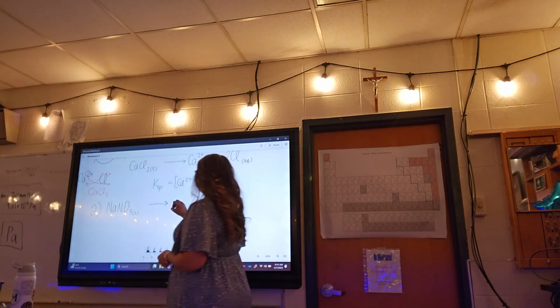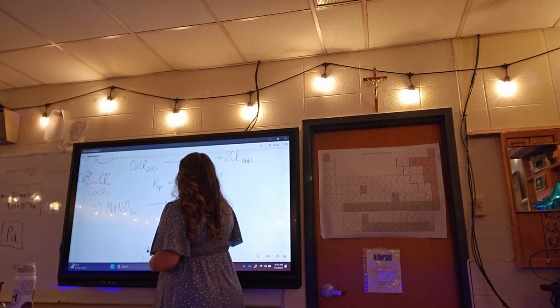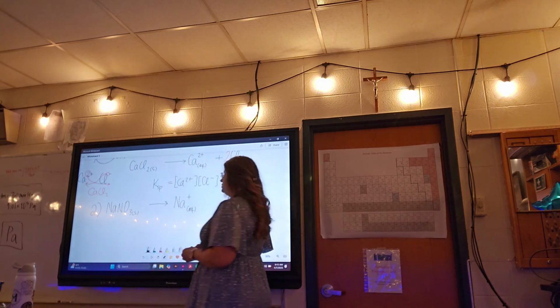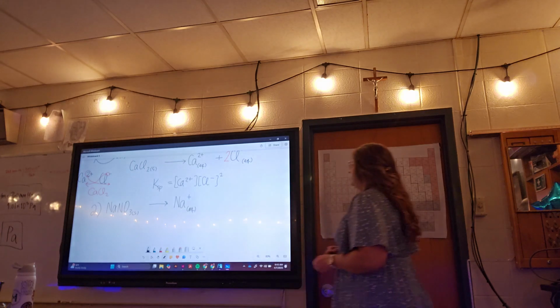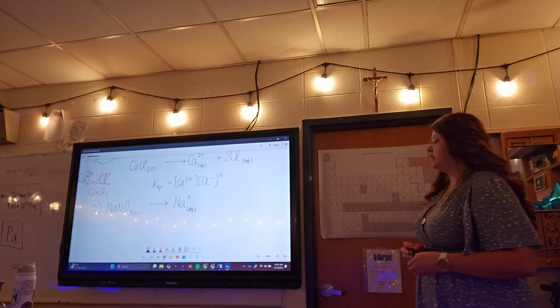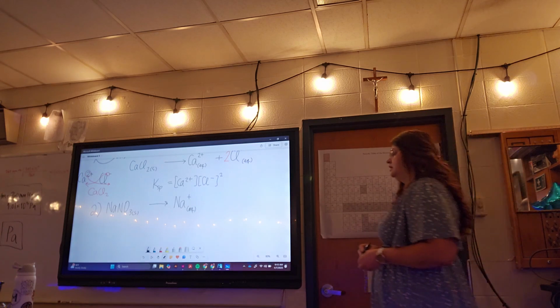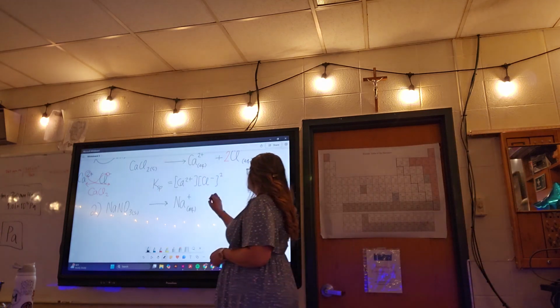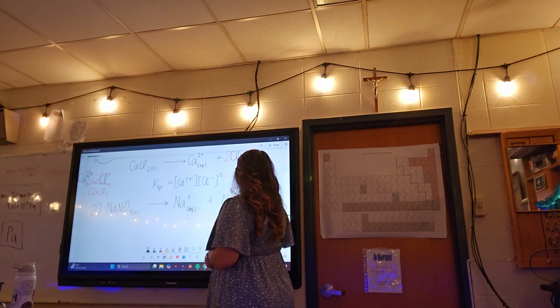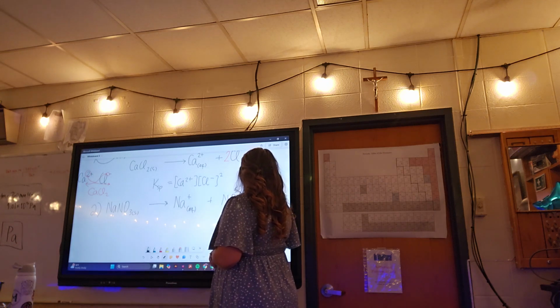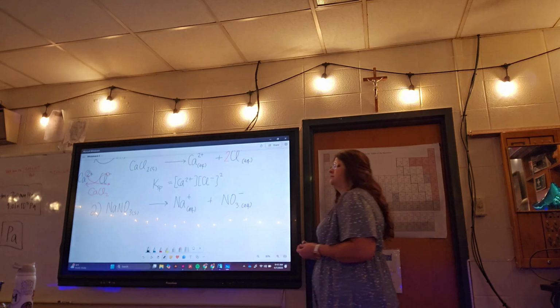Sodium, we already talked about, is a +1 charge. Of course, we don't write the 1, so don't be doing it. I'll be marking it wrong. Just write a plus or a minus, no 1s. And then NO3 appears on your pink sheet just like this.